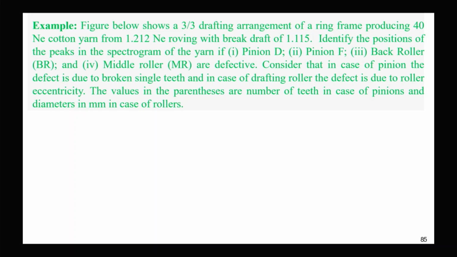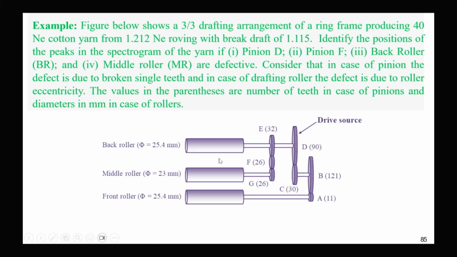Now try to see the applications of the spectrogram. Now this is a figure. This is a drafting arrangement, 3/3 drafting arrangement of a ring frame, which produces 40 Ne cotton yarn from 1.212 Ne roving.